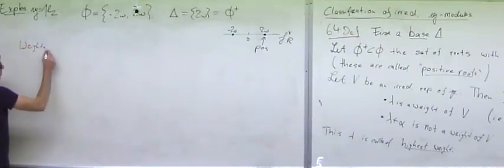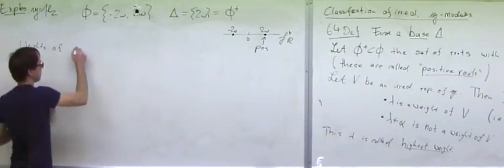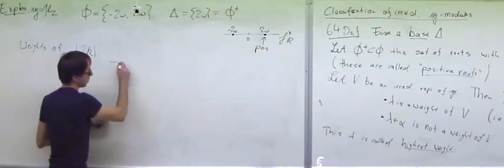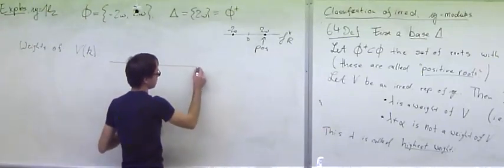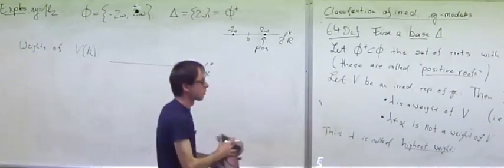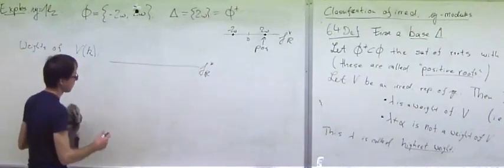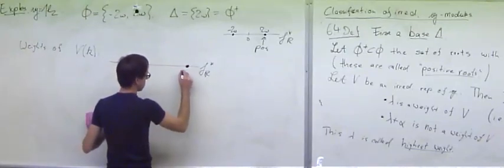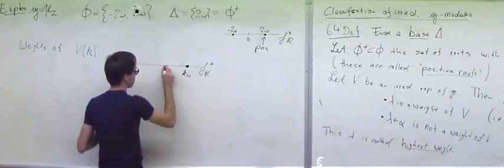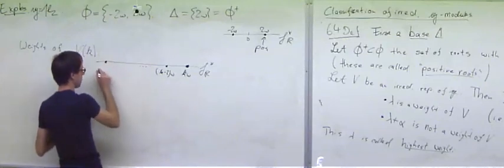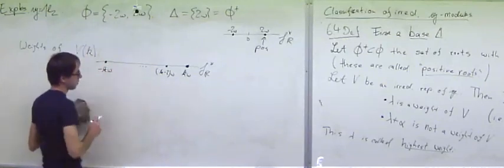So what are the weights of, say, Vk? Well, we just revised this in the beginning of the lecture. The weights are k omega, (k minus 2) omega, and so on, up to minus k omega.